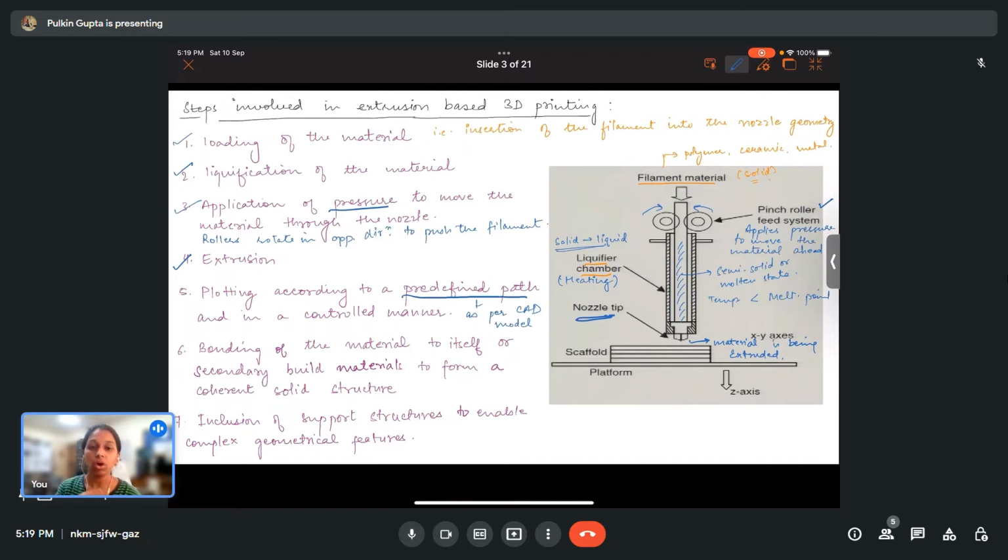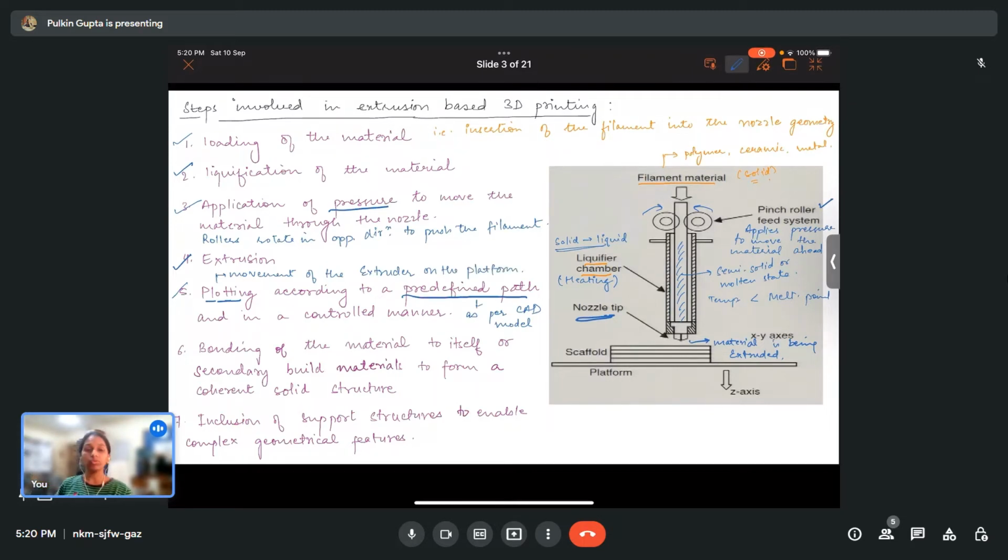Okay, so it all depends on the CAD model and the geometrical information that you supply to the software or the machine that are connected to each other. Okay, so plotting refers to the movement of the extruder on the platform.